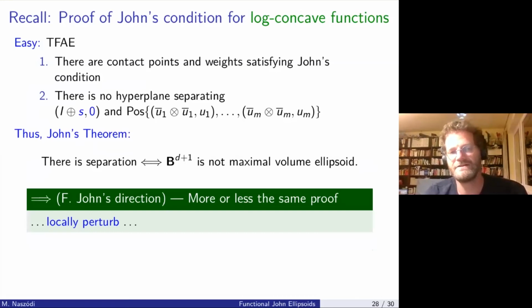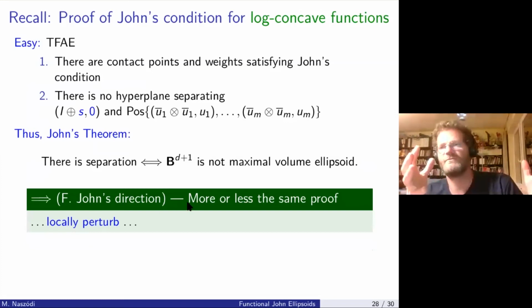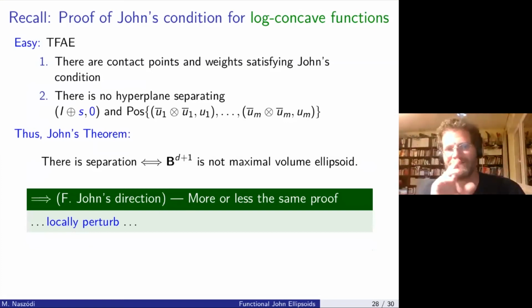And again, to prove this direction, which is John's theorem, so if B^{d+1} is maximal, then we can write it as a convex combination or positive combination, which, writing in separation language, is left to right. It's more or less the same argument, local perturbation.